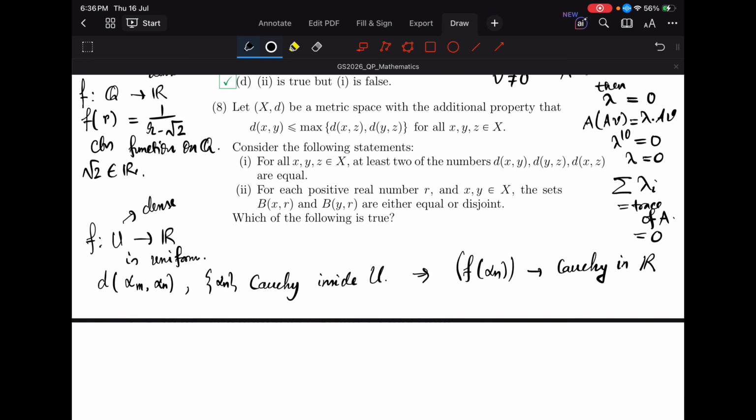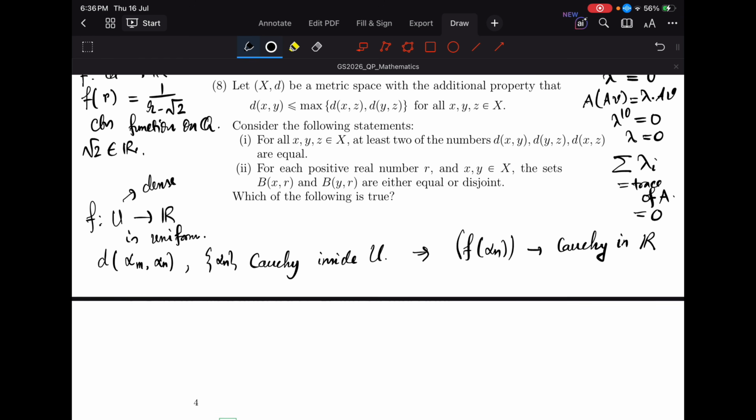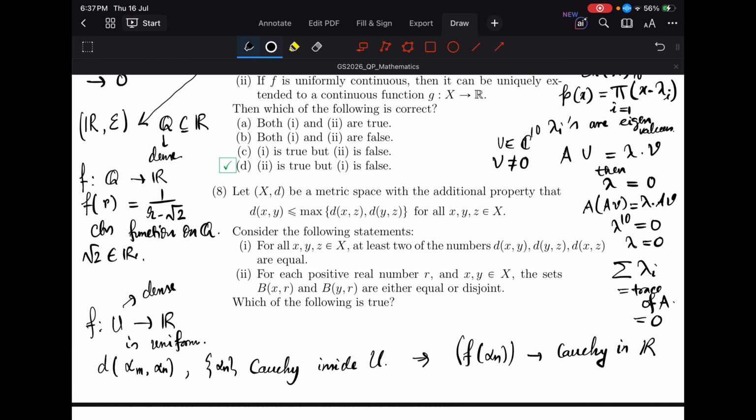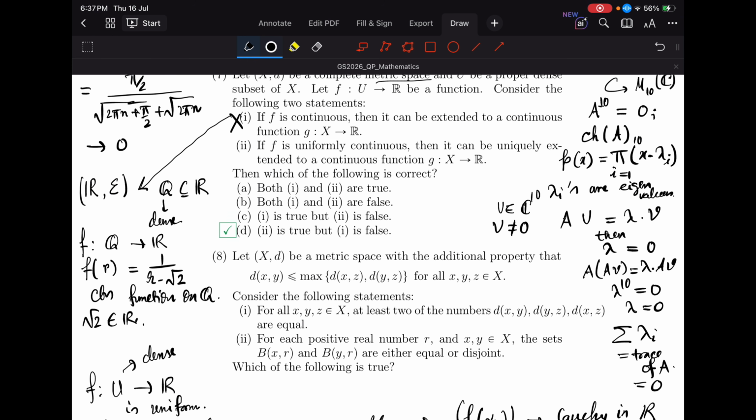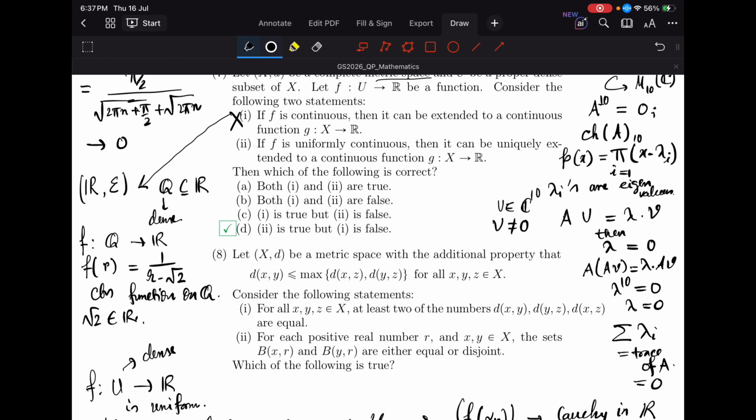So the point here is that this option is yes.